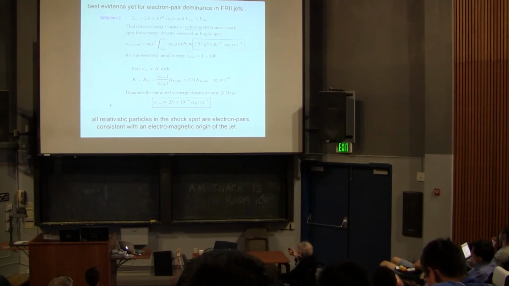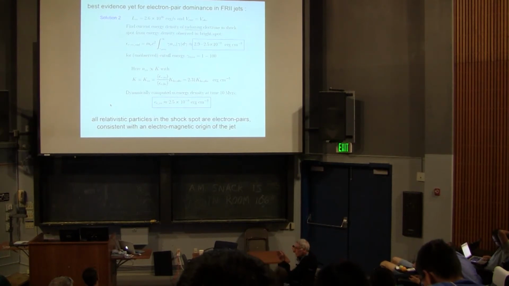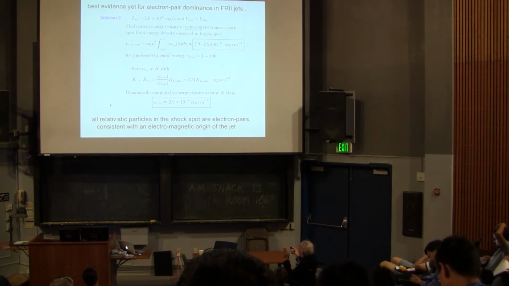And just assuming electrons purely, if I take this distribution then integrate over the entire distribution, I get, depending on the unknown cutoff at low energies, values on the order of 2.9, 2.5 times 10 to the minus 8 ergs per cubic centimeter inside of radiating electrons only inside the shock spot. And the normalization factor has been corrected from observations of the bright spot to the value in the shock spot for the second calculation that I did, okay?